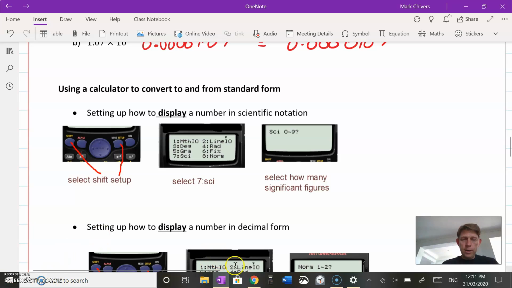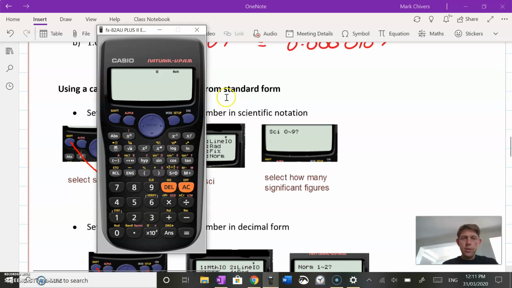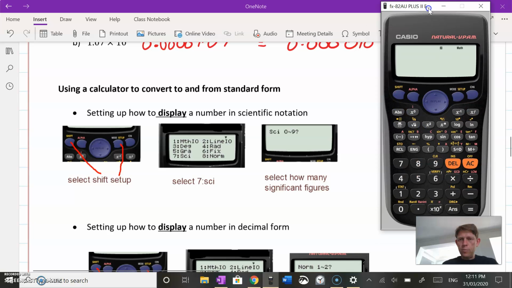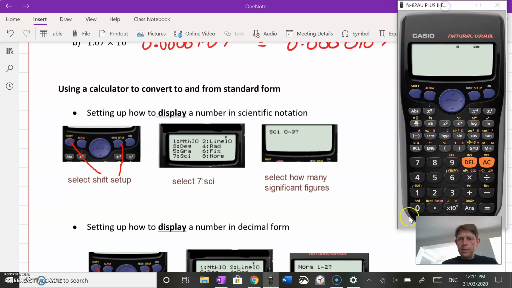And I'll just bring up my calculator here so I can show you that process. So if we take that number that I just wrote in there, 0.0000107, and press equals.